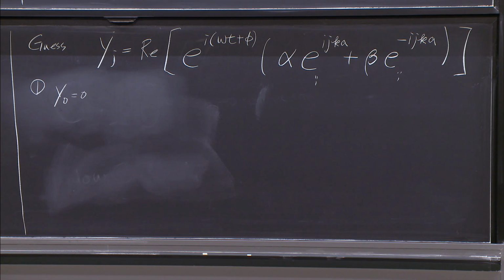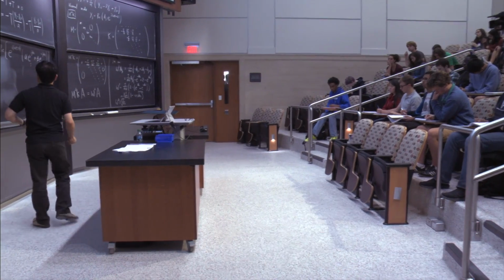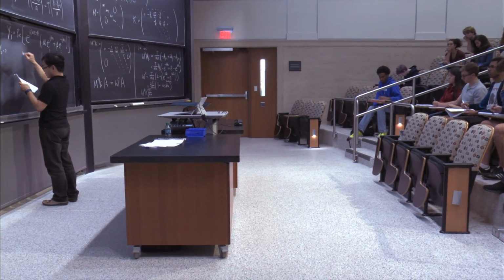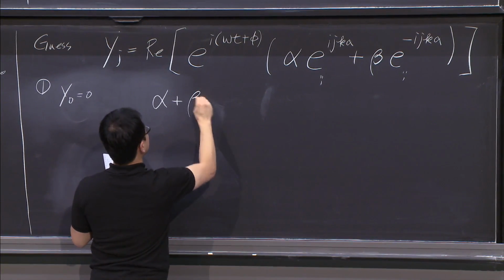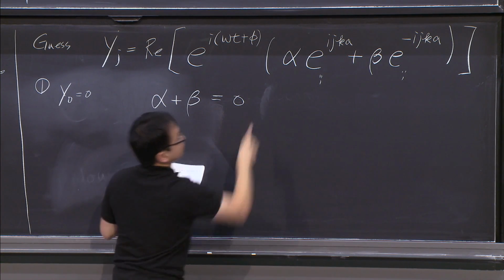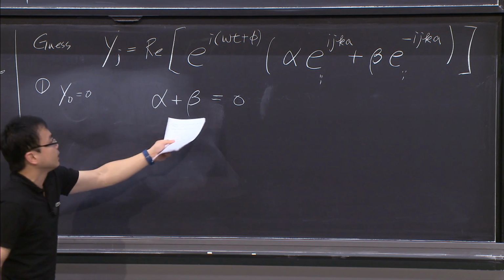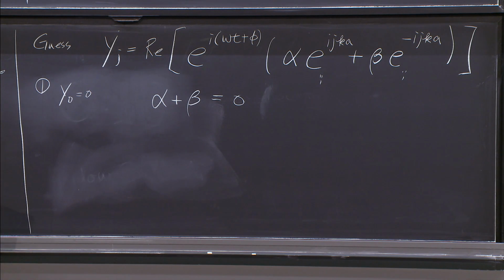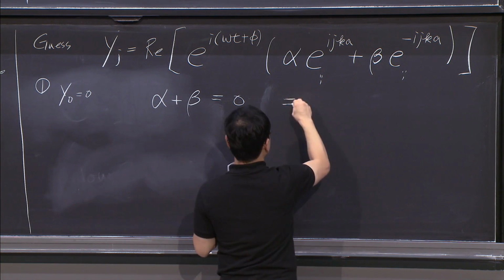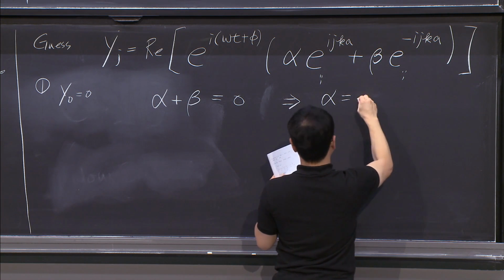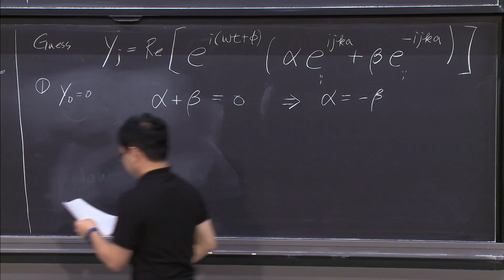If y0 is equal to 0 at all times, no matter what t you give to this system, then basically you have alpha plus beta equal to 0, because j is equal to 0. So you have alpha plus beta, and that has to be equal to 0. Therefore, you can conclude that alpha is equal to minus beta.